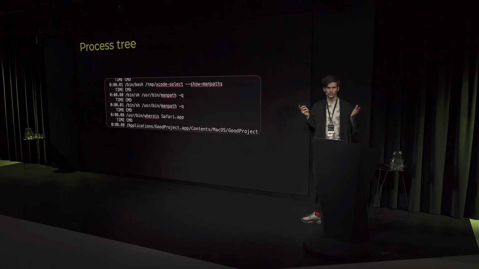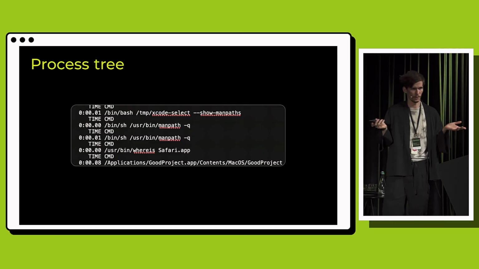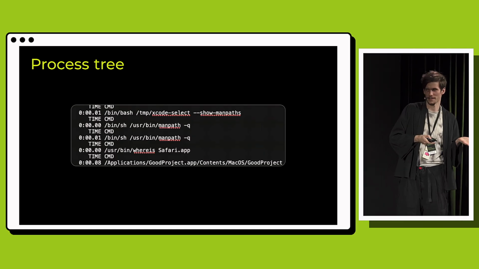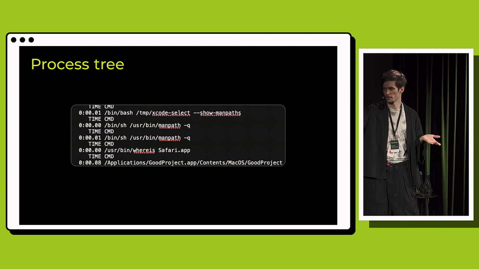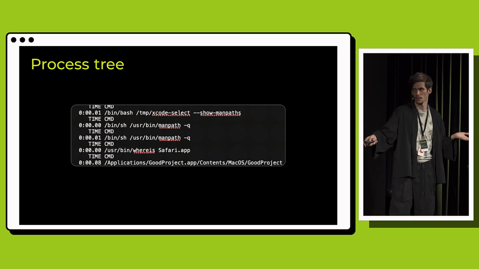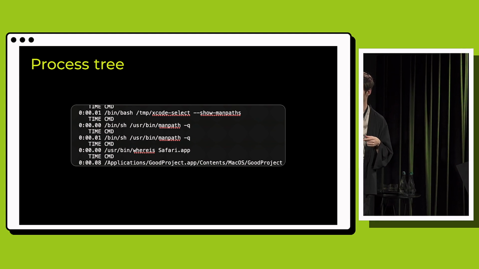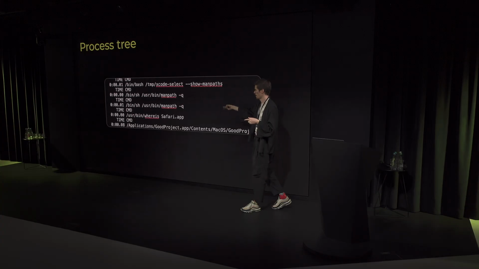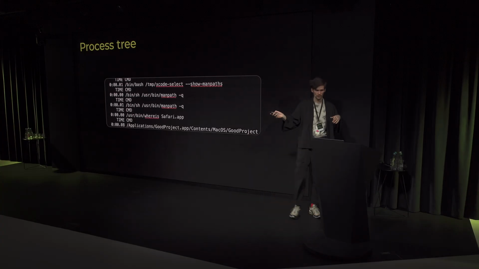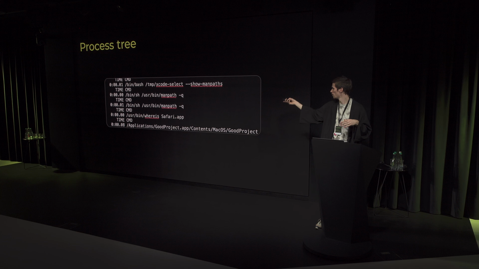We can check it by exploiting the vulnerability itself. Firstly, the good project app was launched, then the good project application invoked whereis, which invoked manpath at some point, which invoked xcode-select.